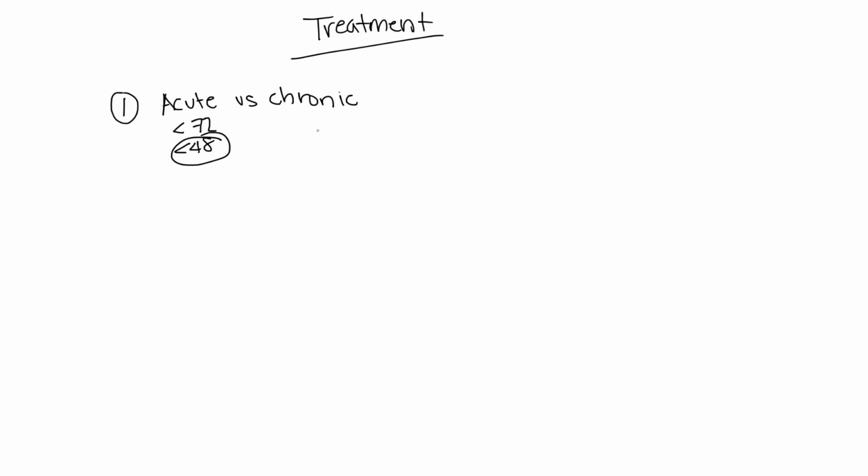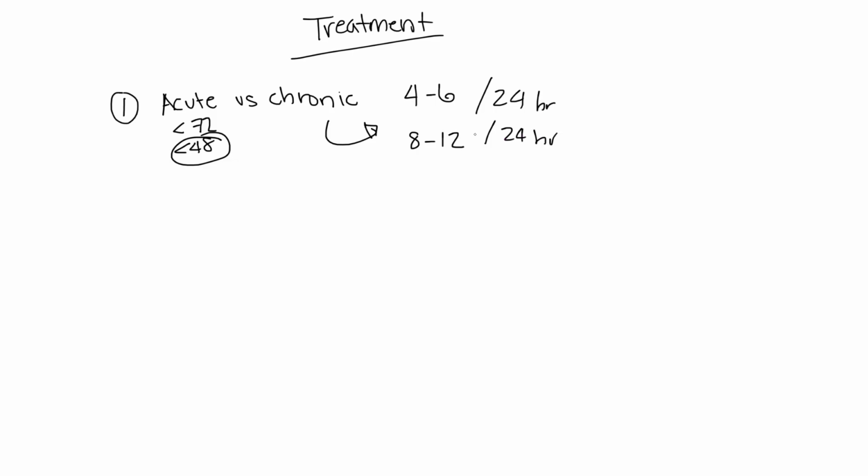But on the flip side, if they are in a chronic state, which most of our patients are, because we didn't have a sodium less than 48 hours ago in the majority of our patients, then we have to correct it on a slower scale. Now, but how slow do we have to do it? This is what's debated. In fact, for decades it's been debated. Some schools of thought are only 4 to 6, and some schools of thought are 8 to 12 in a 24-hour period.